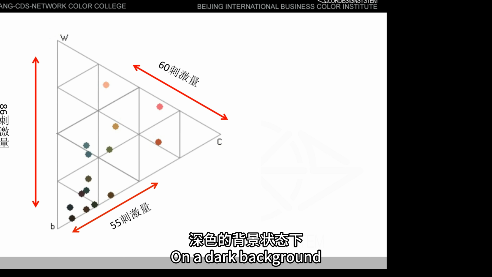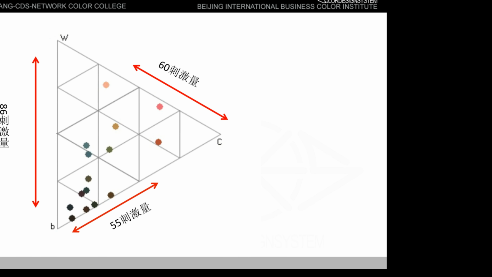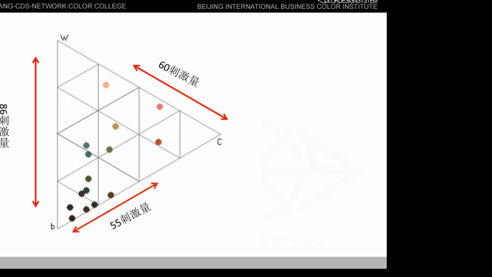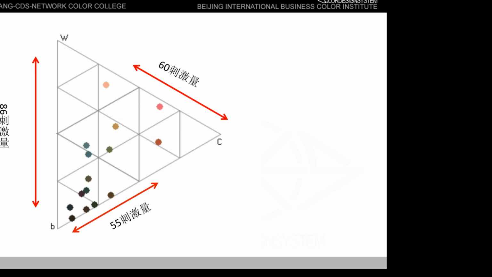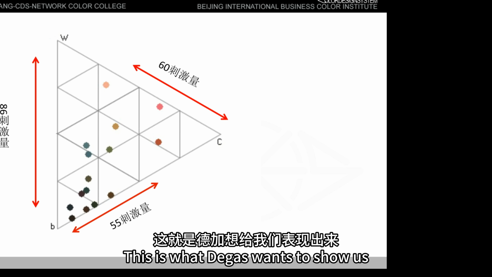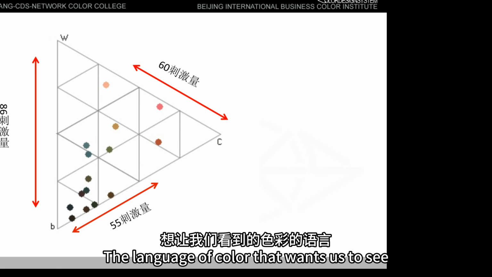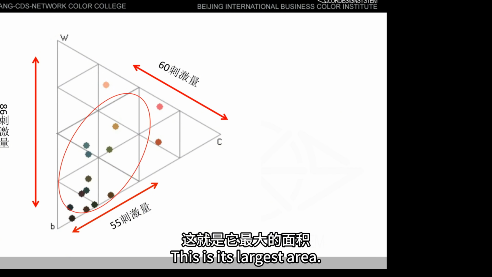On a dark background, a very vivid piece of pink color. This is the main theme of his color. The culture of color is highlighted. So our vision stares at the colors of his dancers. This is what Degas wants to show us, the language of color that wants us to see. This is its largest area.